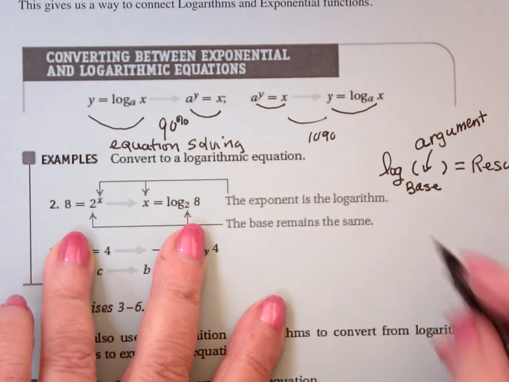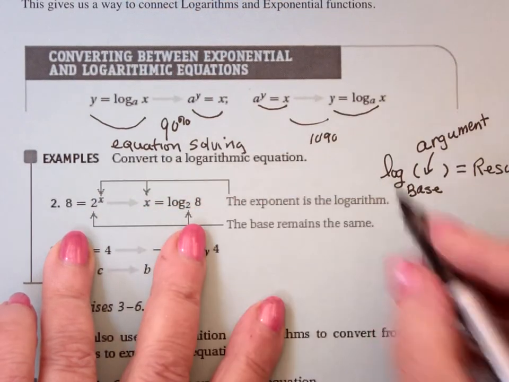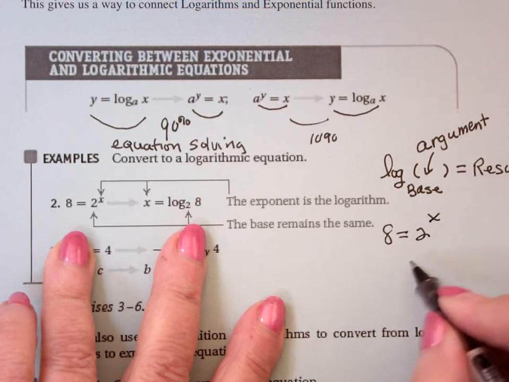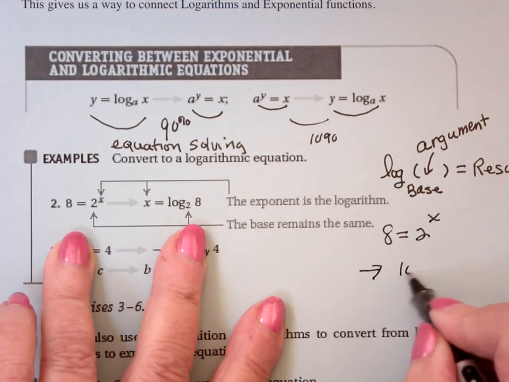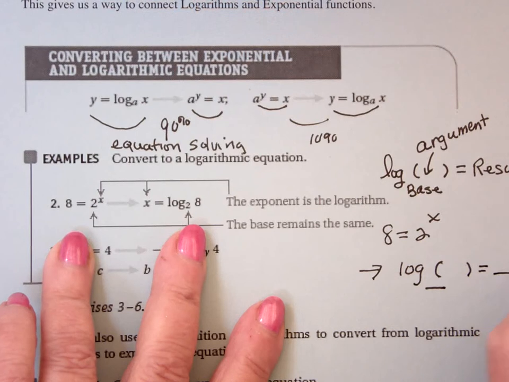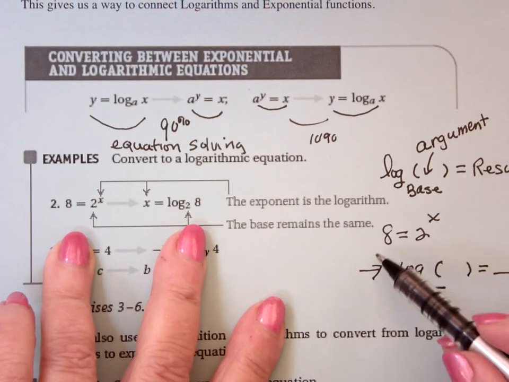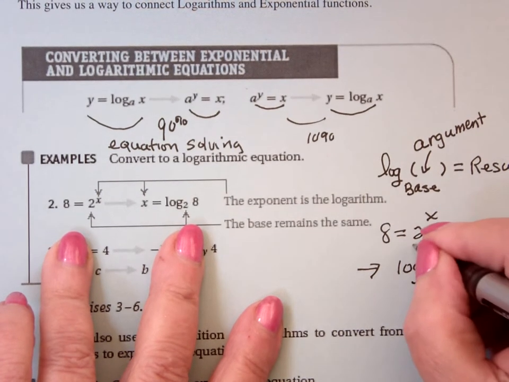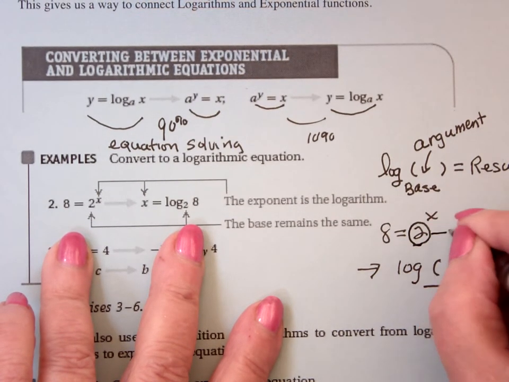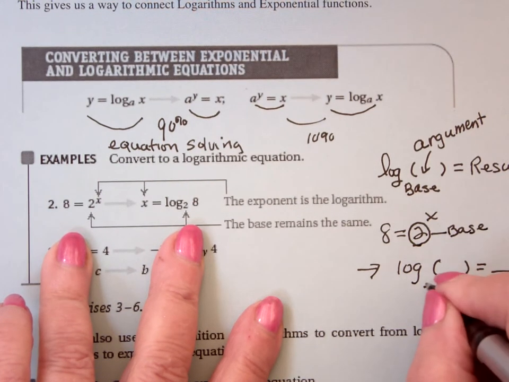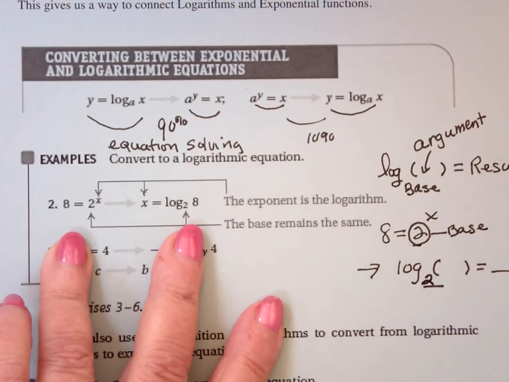So if I were going to take, as for example, 8 equals 2 to the x, and write it as a log, I'd have the log, I'd have the base, I'd have the argument, the thing I'm taking the logarithm of, and I'd have the result. I have 3 things. I have an 8, a 2, and an x. They all have to go someplace. Good news is the base is the base is the base is the base. So the guy that holds the exponent is the base, so this guy would be base 2.